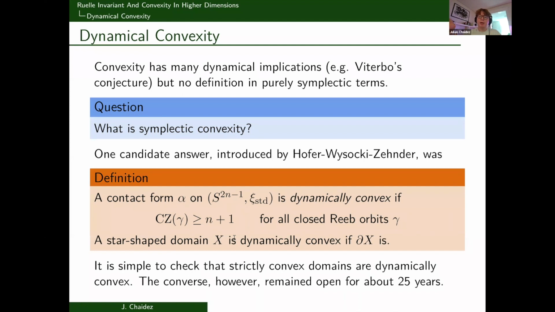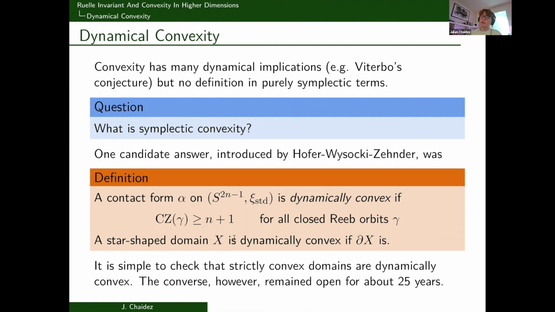And a star-shaped domain X is dynamically convex if the boundary is. It's very simple to check that a strictly convex domain is dynamically convex. And I think if you replace the Conley-Zehnder index with the lower semi-continuous extension, then you can check the same thing for regular convex domains, not just strictly convex ones.